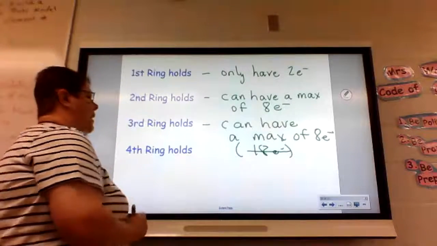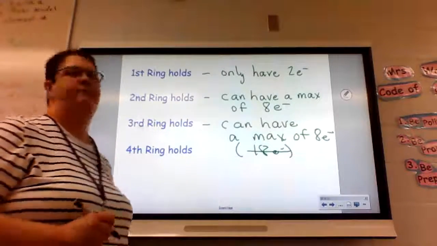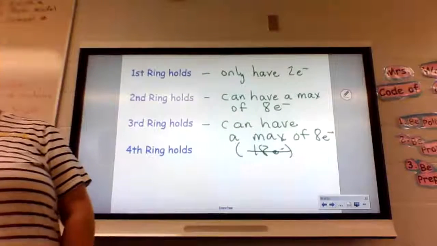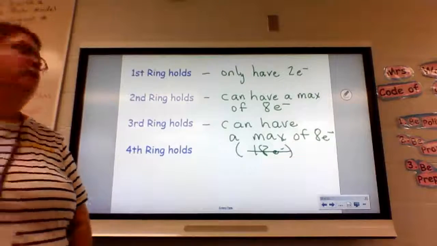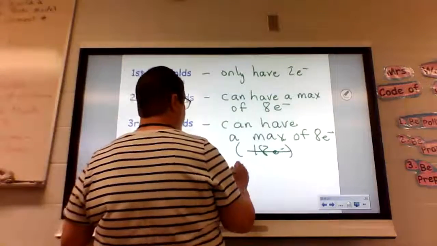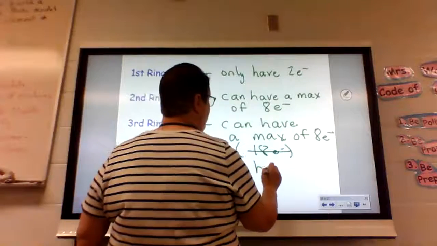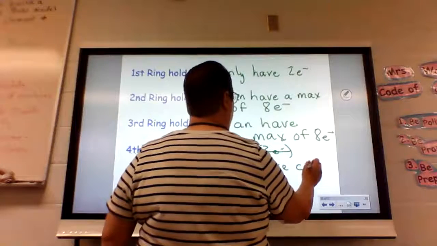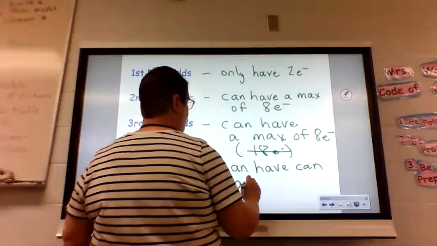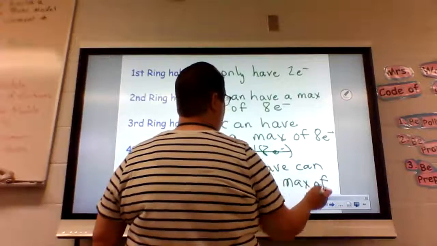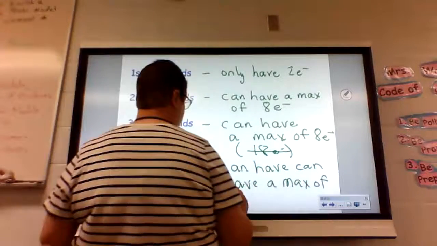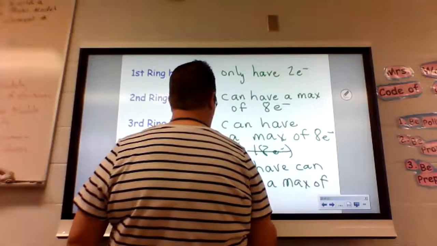Okay, now same thing for the fourth ring. It can have up to 32. We are not going to exceed 2. Okay, so for us, it can have a max, it can actually be 8, but we're not going to have more than 2.